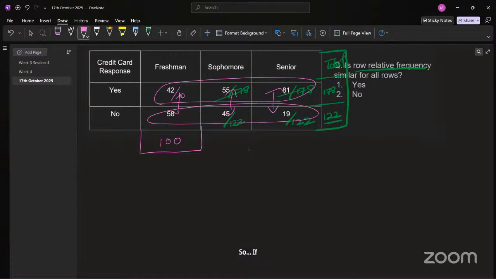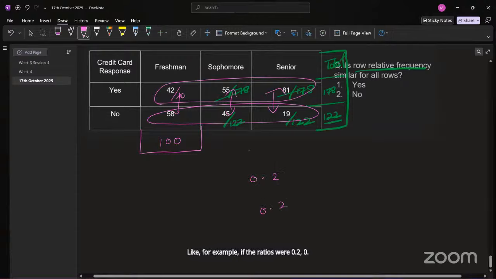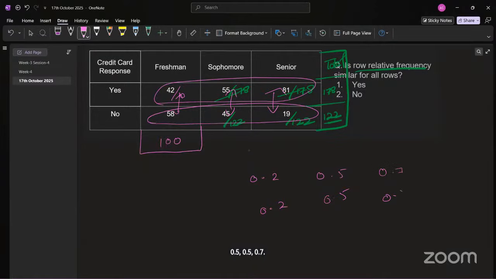So if the ratios are the same, for example 0.2, 0.2, 0.5, 0.5, 0.7, 0.7, just like for this table, for yes, no, for freshman, sophomore, and senior. What can we conclude from this? Here you can see the ratios are the same.